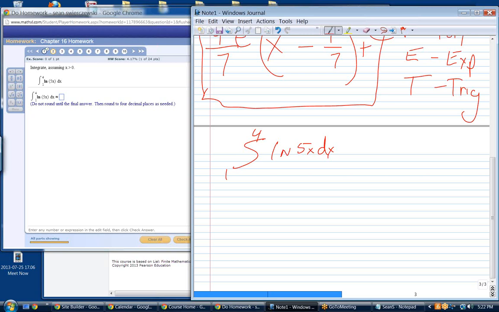Hold on. All right. Wow. I can't believe this is the first time I've ever run into this, but it is. If you go to a log table or an integration table, which has 99 entries in it, they will tell you this integral. And truly, in 4 years of tutoring calculus, this is the first time I've ever dealt with this.